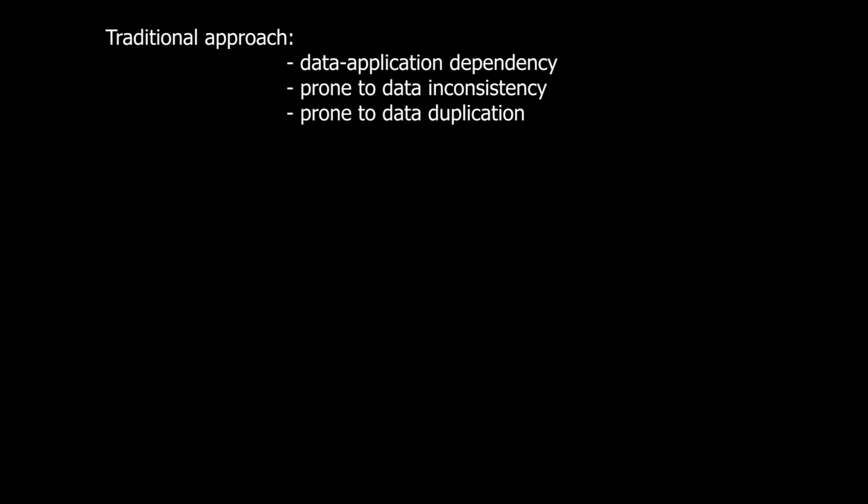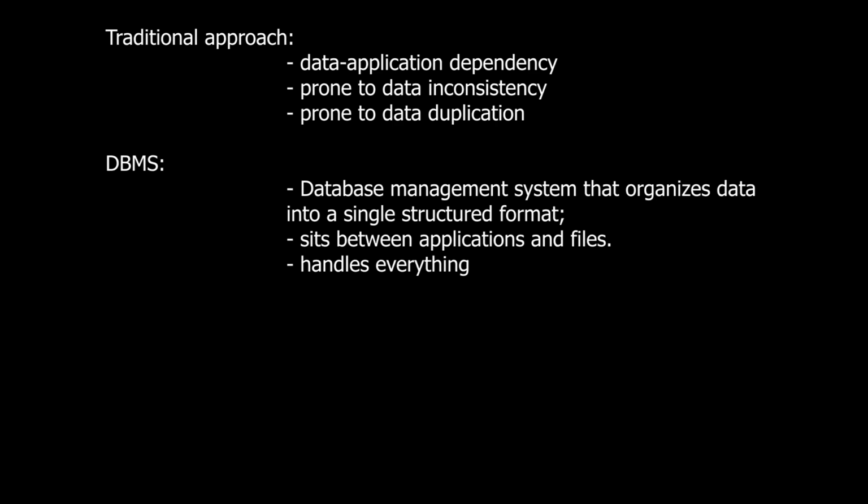So let's make a recap on what we have covered for now. So the traditional approach has data application dependency. It is prone to data inconsistency, and it is prone as well to data duplication. DBMSs are database management systems which organize data into a single structure format.